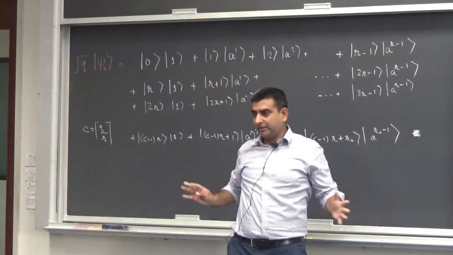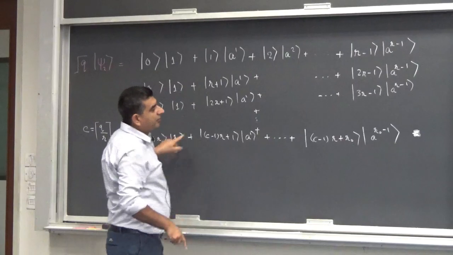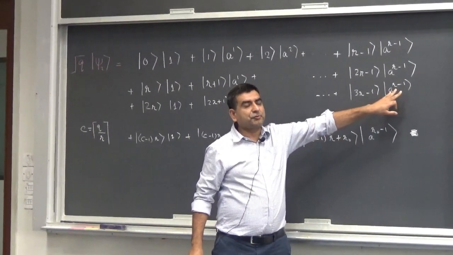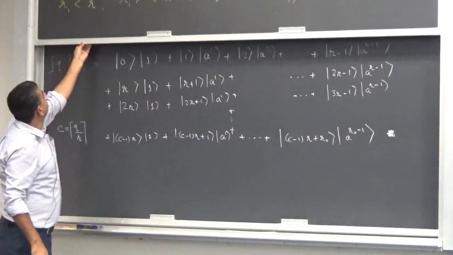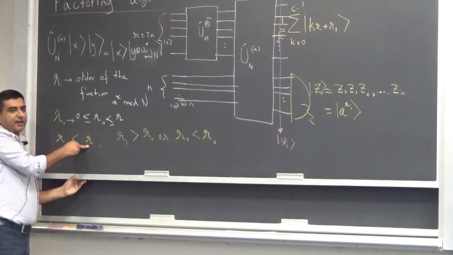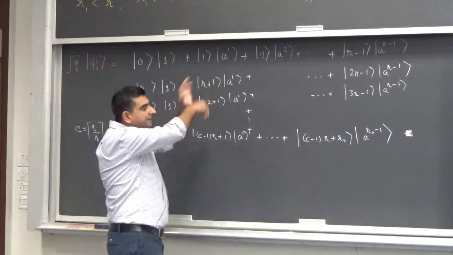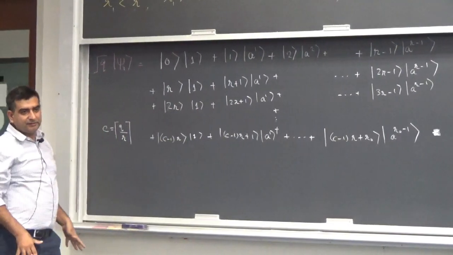Now that r1 could be anything from 0 to this r minus 1. So that's why I write this r1 is less than r.